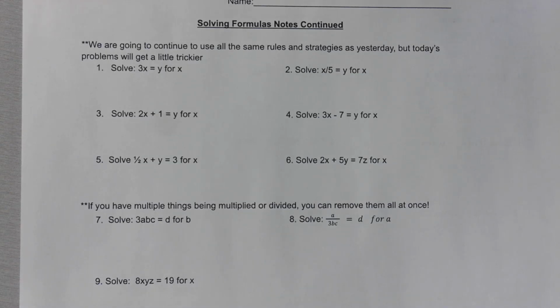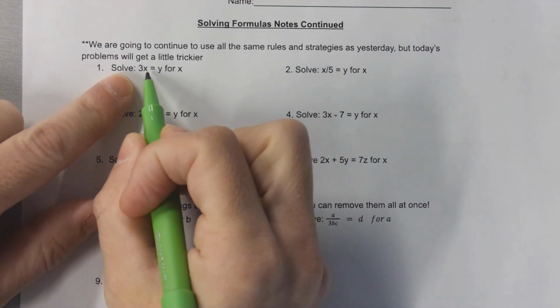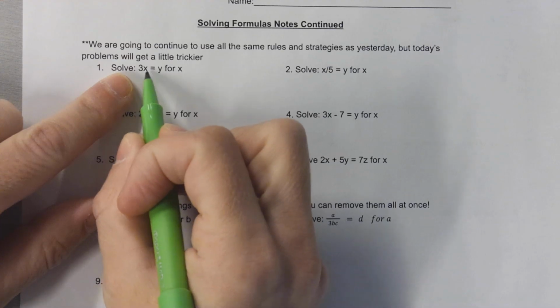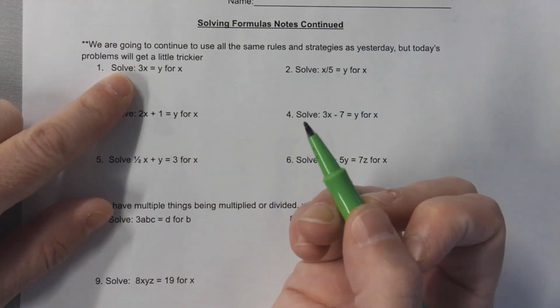All right, number 1. We're not starting off too bad, at least. We are looking at 3x equals y, and we are solving this for x. So take a look. Is x alone? No. How are the 3 and the x interacting? Multiply.